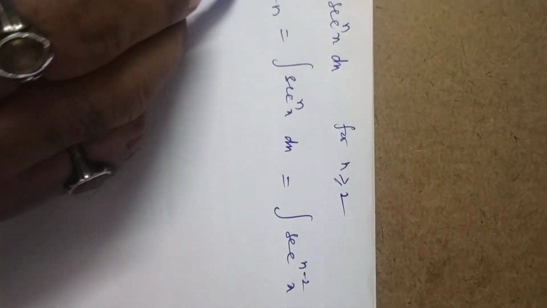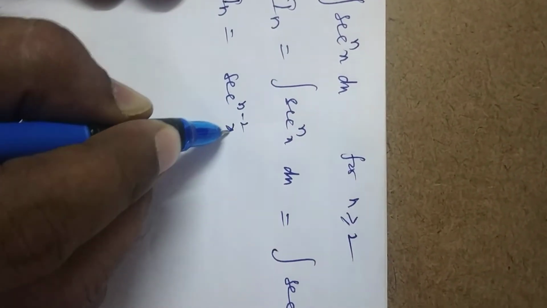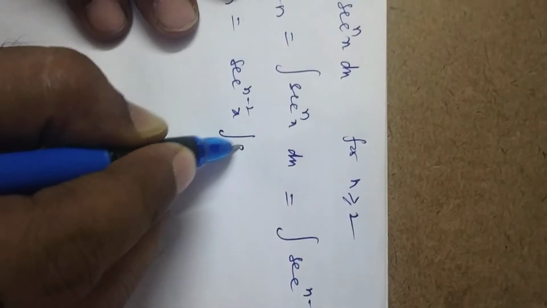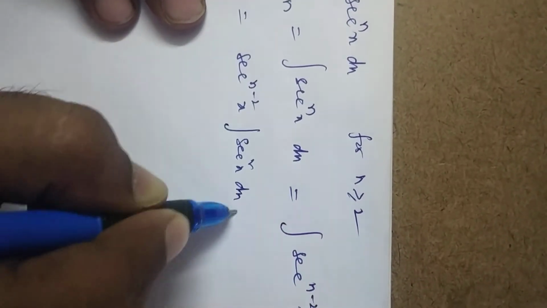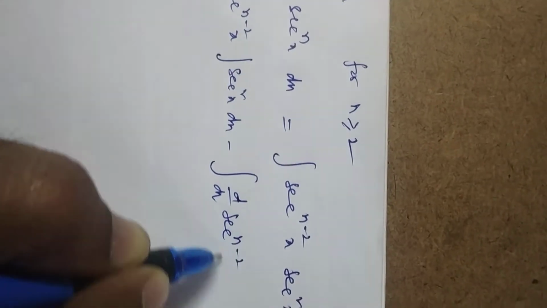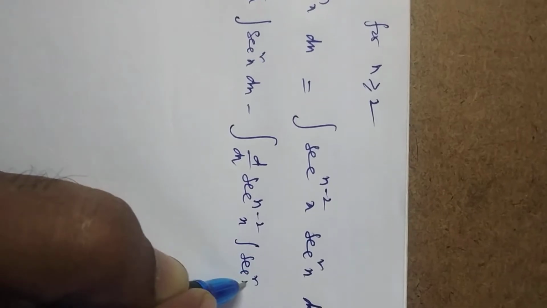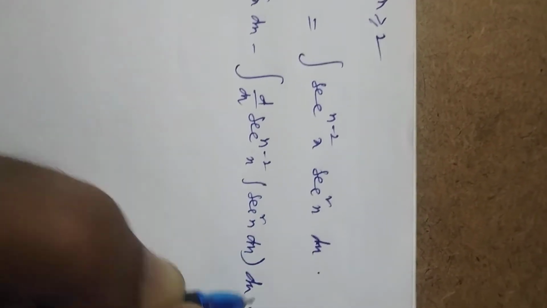So I_n is equal to secant^(n-2) x into the integration of secant square x dx, minus the integration of the derivative of secant^(n-2) x into the integration of secant square x dx, whole dx.